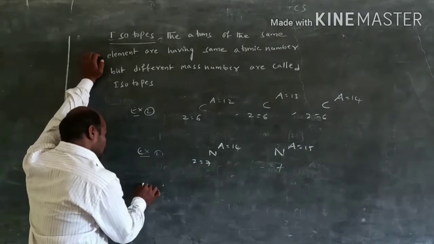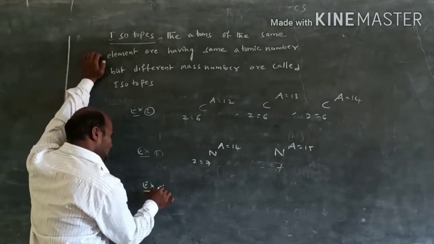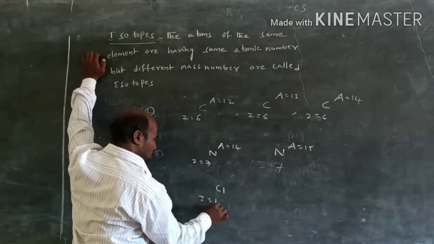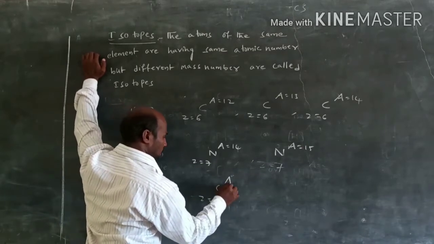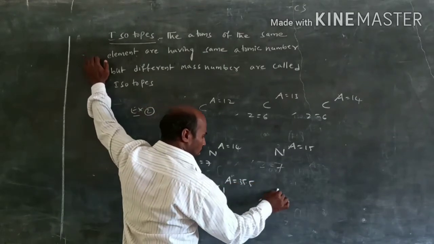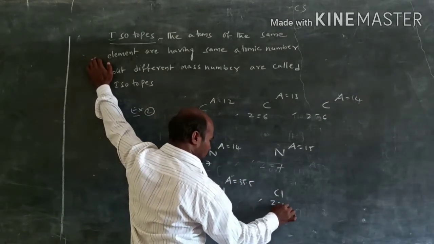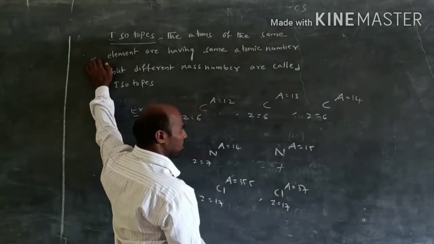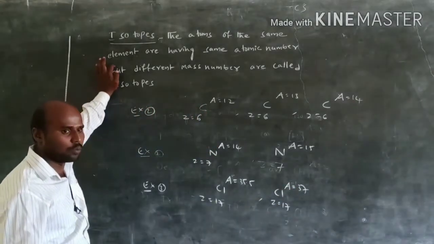Example 3, chlorine. Atomic number Z is equal to 17, mass number A is equal to 35.5. Chlorine atomic number Z is equal to 17, mass number A is equal to 37. These are the examples for isotopes.